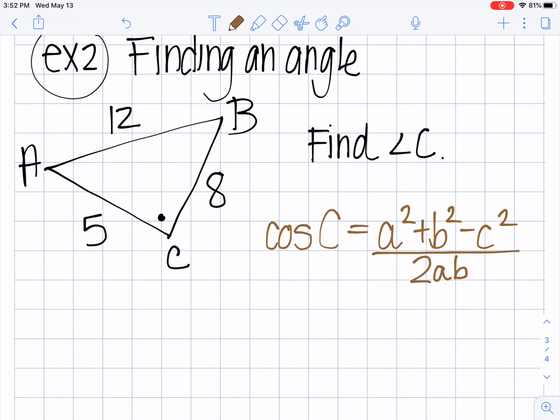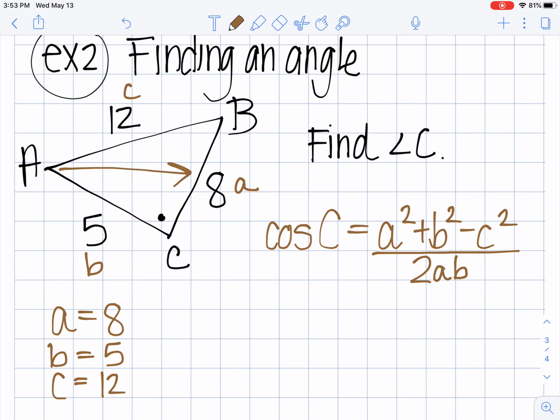Okay, and now I'm just going to plug in all my information. I have a little a, my little b is right here, and my little c is right here. Little a is equal to 8, little b is equal to 5, and little c is equal to 12. I know that because little a is across from angle A, little b is across from angle B, and little c is across from angle C. So I literally just plug in the information.